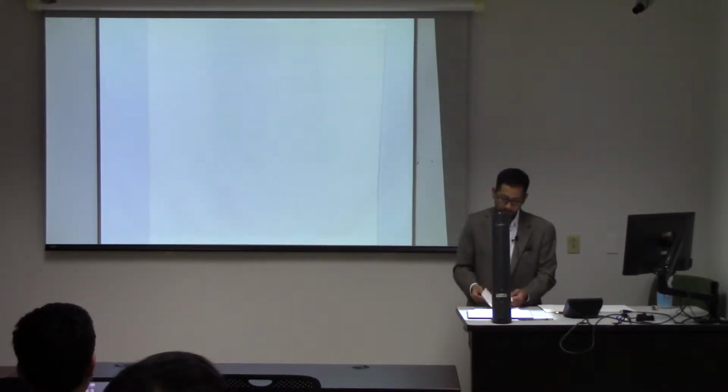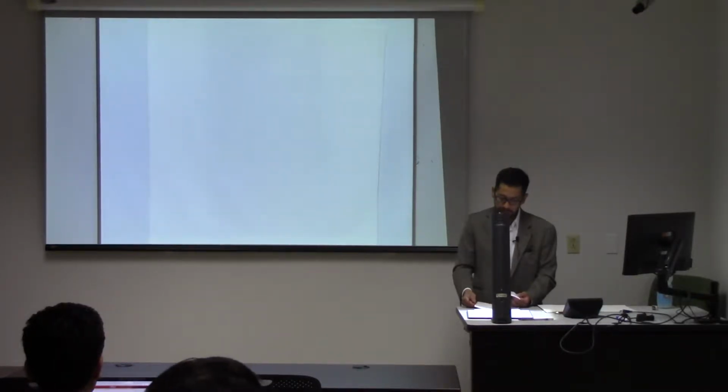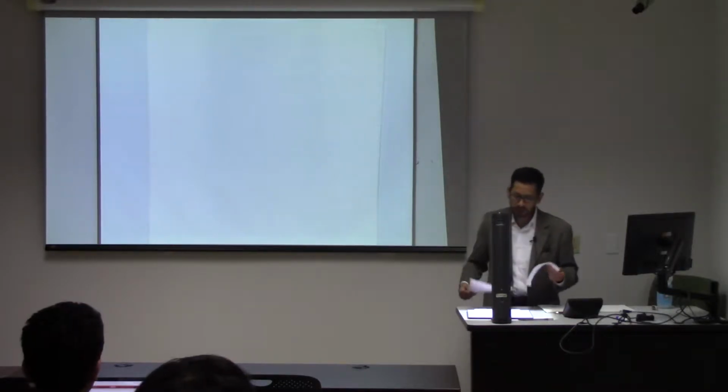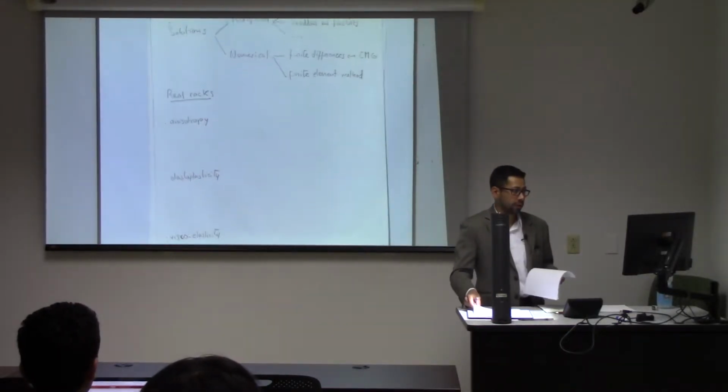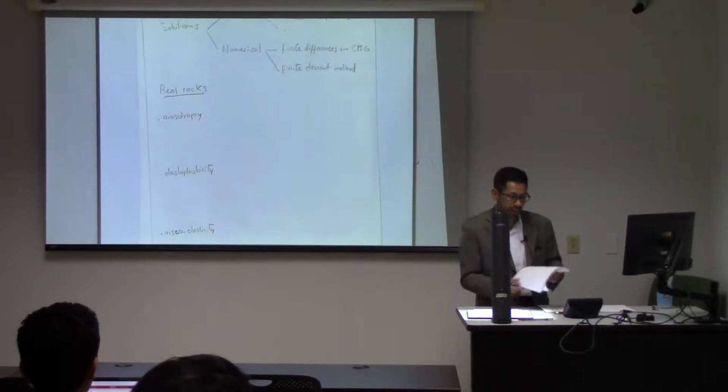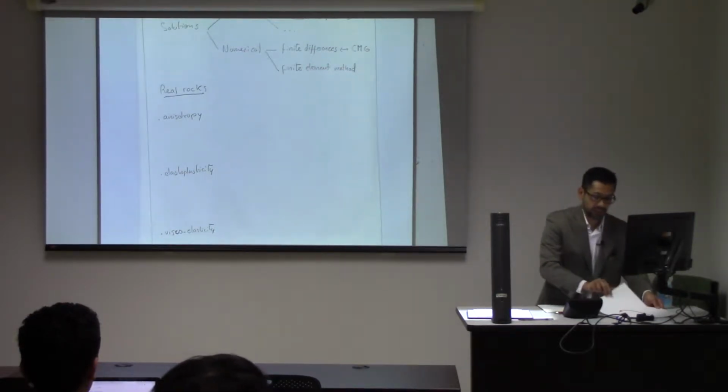I'm going to ask you to go back in your notes, where I asked you some time ago to leave some space free. Right before talking about failure of rocks, we had just finished talking about linear elasticity, right?